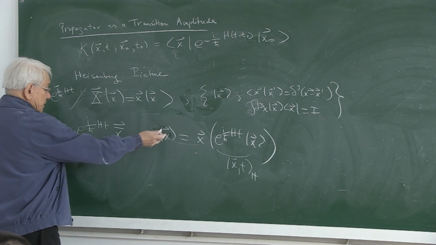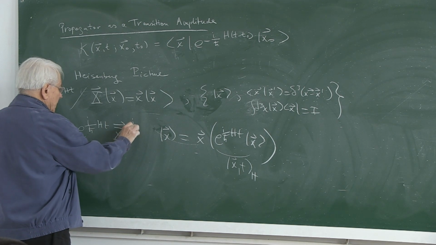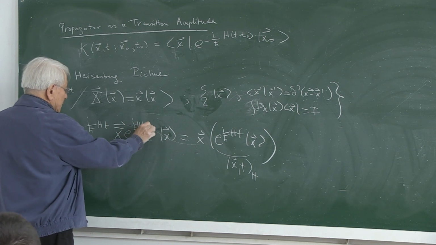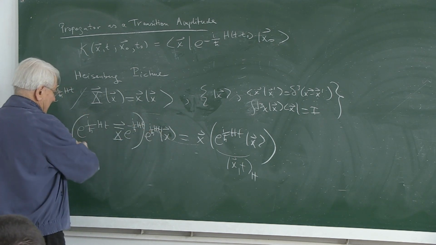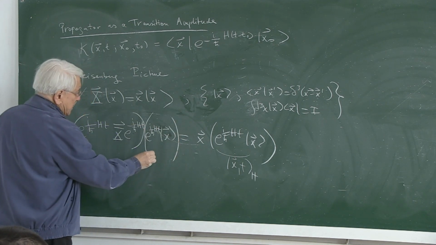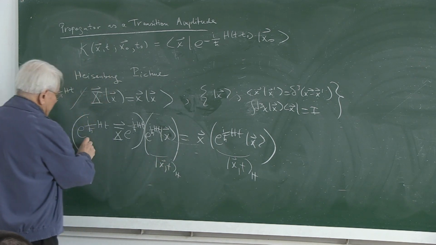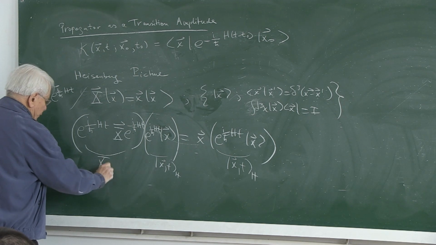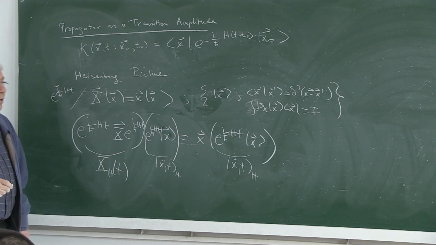And what about the left side? In order to see it, I have to insert an identity, e^{iHt/ħ} times its inverse. Nice. This is indeed the position operator at time t in the Heisenberg picture, and this is the Heisenberg picture version of the Hamiltonian. Indeed, it's transformed properly.